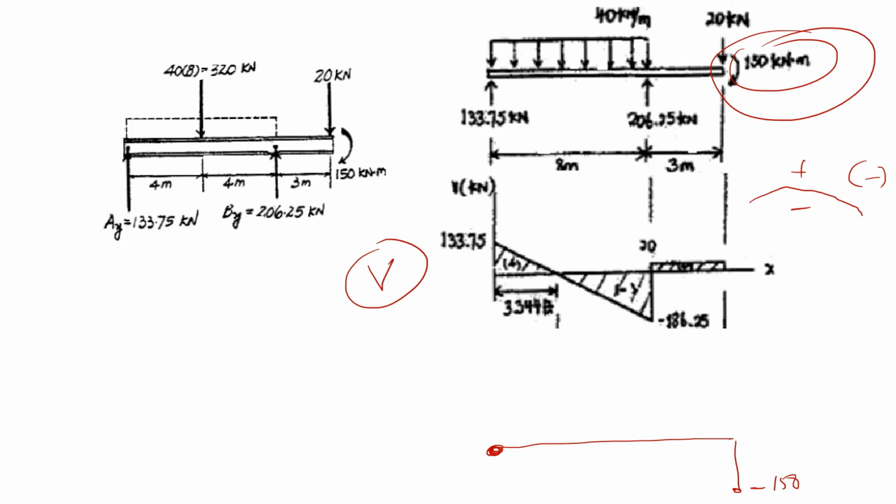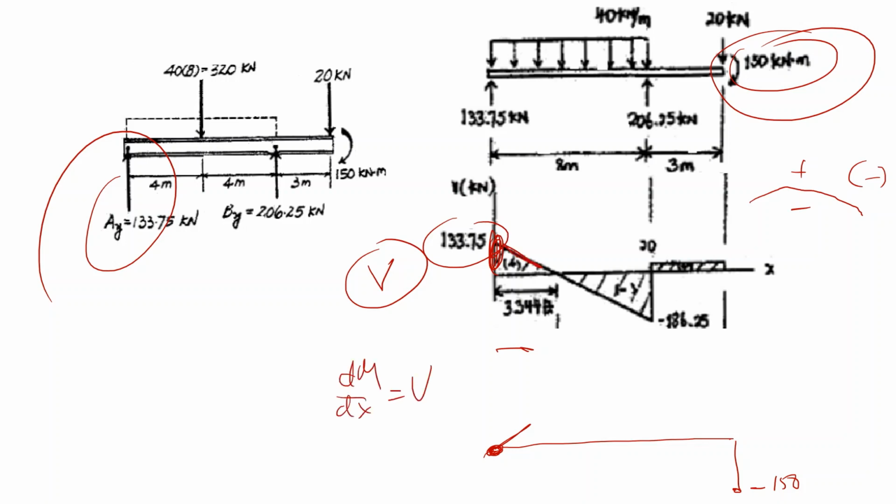Now, start with point A. What is the slope in point A? It is 133. So when you move to the right, the slope dM over dx is V. The value of V drops. So at this point, it is 0. So it becomes 0 over here.